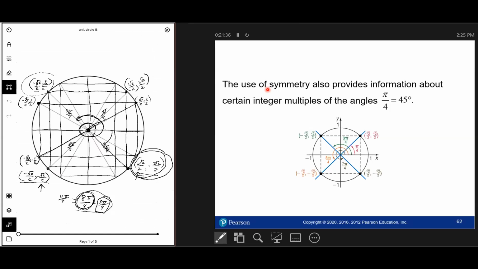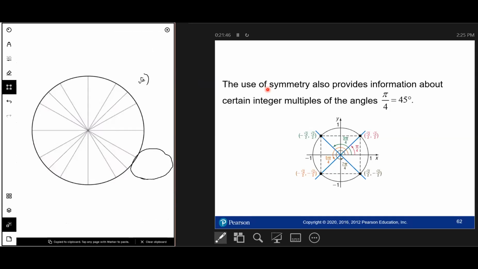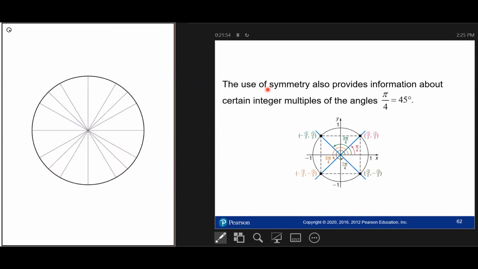When I was doing this the other day, I talked about the symmetry that's created with these.